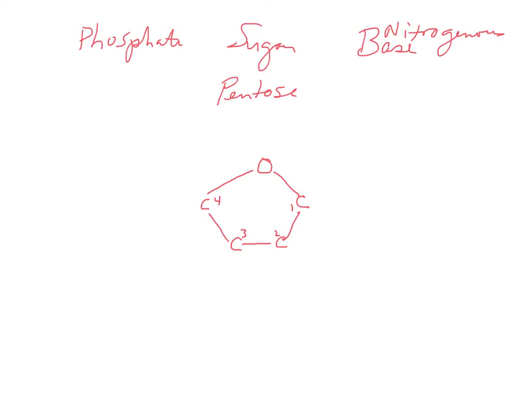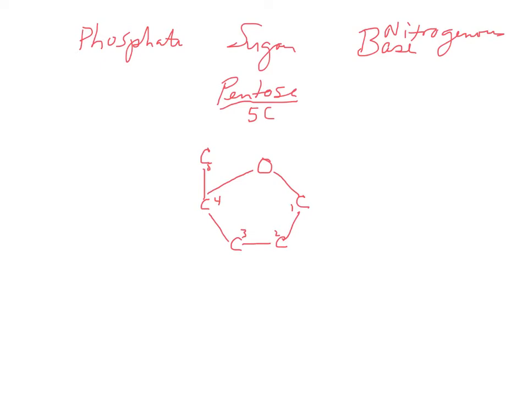Well, I said it's a pentose, which actually means it's a 5-carbon sugar, and the 5th carbon comes off of the 4th carbon directly up from the ring structure, and this is the 5th carbon. And there are other molecules associated with this structure. Now, I've already done some chemistry right here.